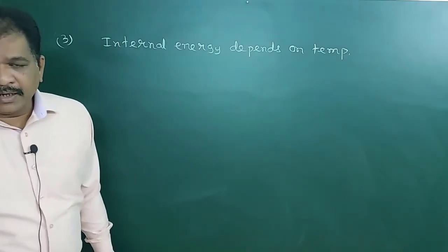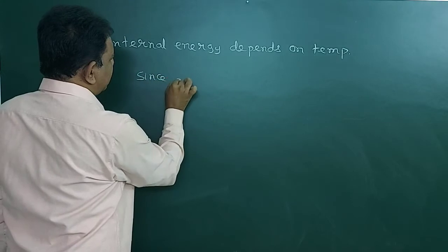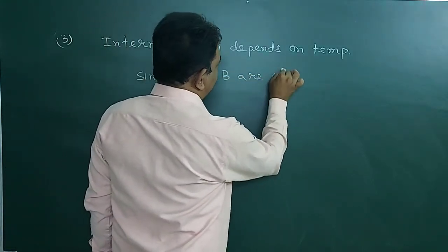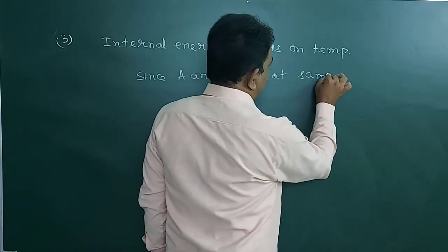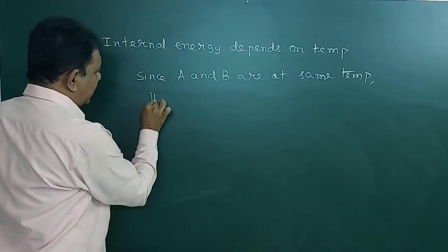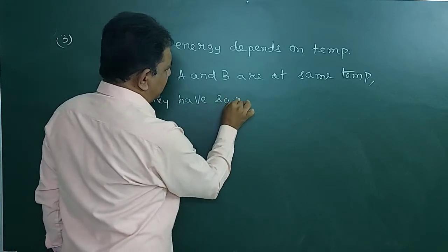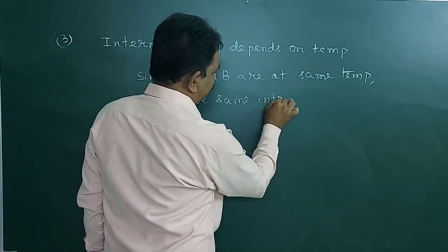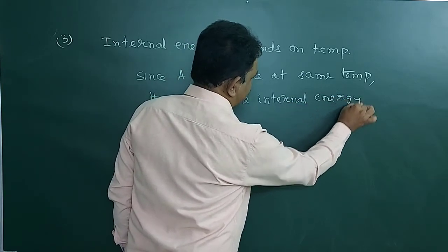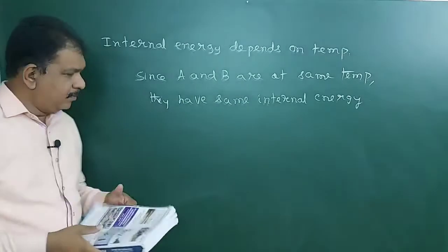Okay, so A and B are at the same temperature. Since A and B are at the same temperature, they have the same internal energy. Okay, so third question, it will be the third option.